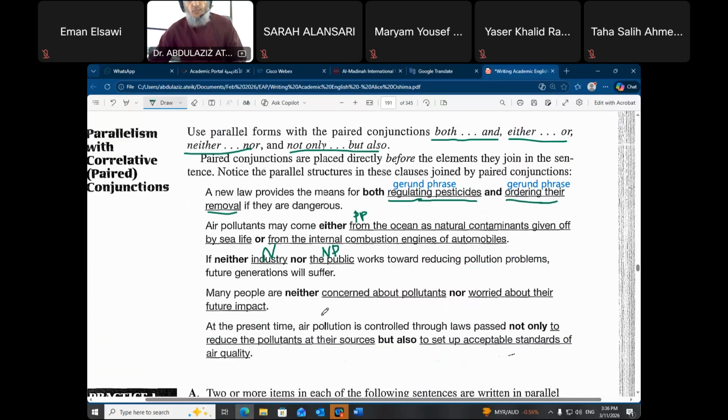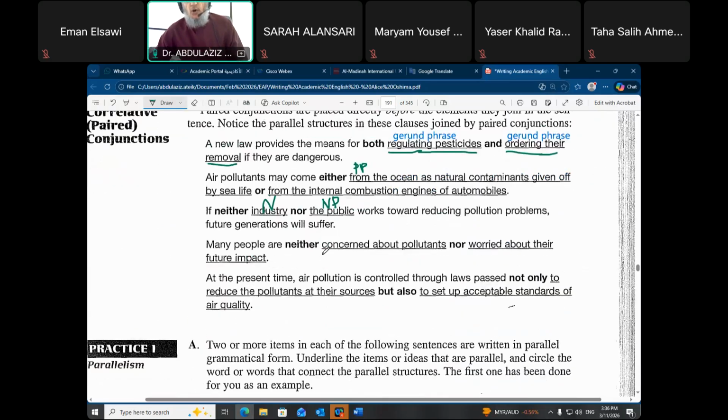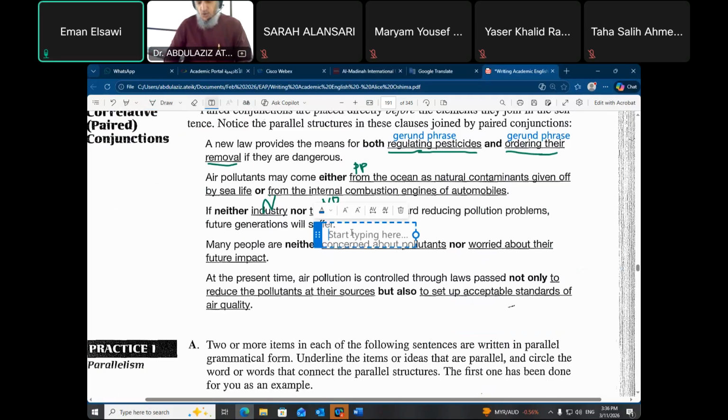Now look at another type of word. Many people are neither concerned about pollutants nor worried about their future. Can you tell me what type of word is this? Past simple? No. How come?